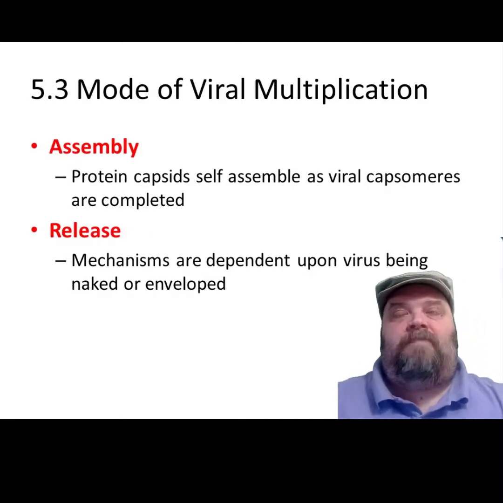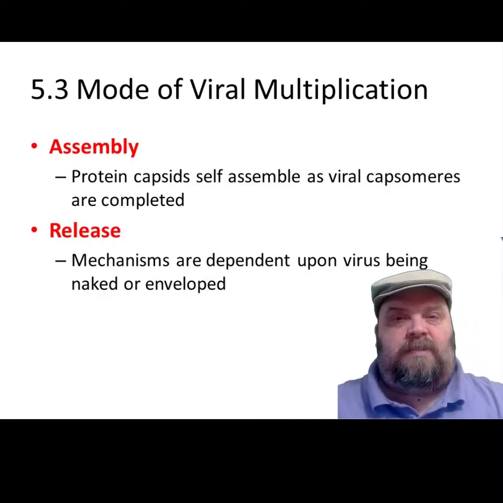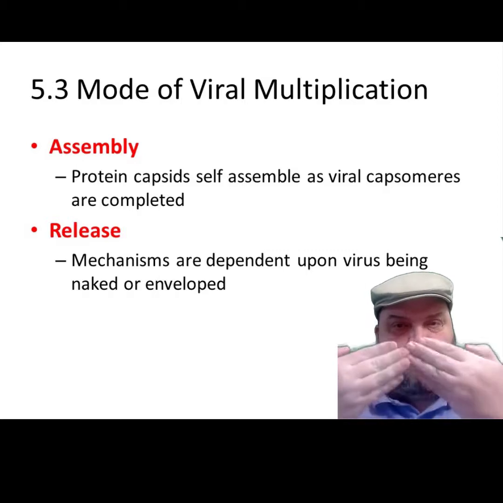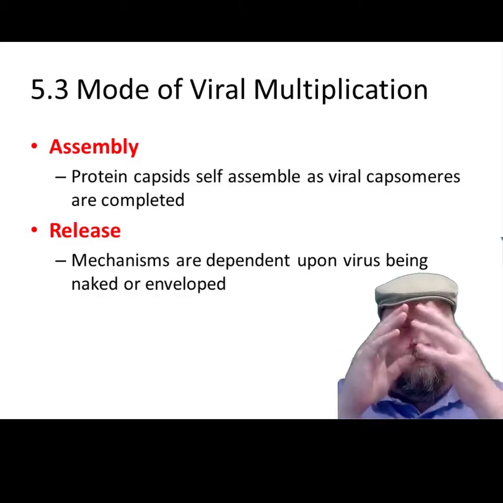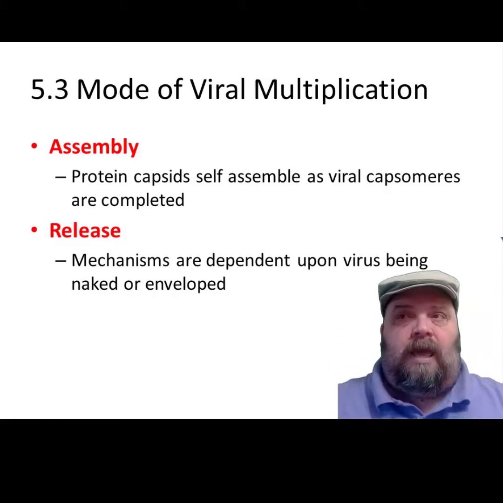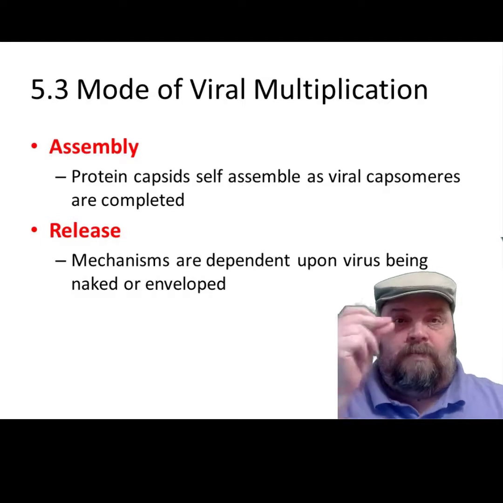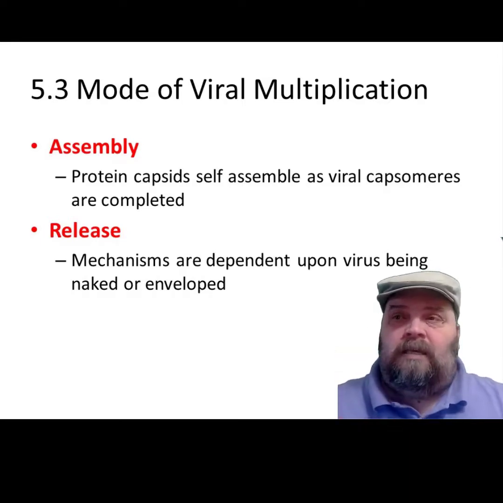So, once you have capsomeres made and they start to self-assemble, they can only go so far with their self-assembly until you have a genome that's going to fit in there for it to complete. And when it comes to viral assembly, it all just happens automatically. Turns out capsomeres have an affinity for each other.